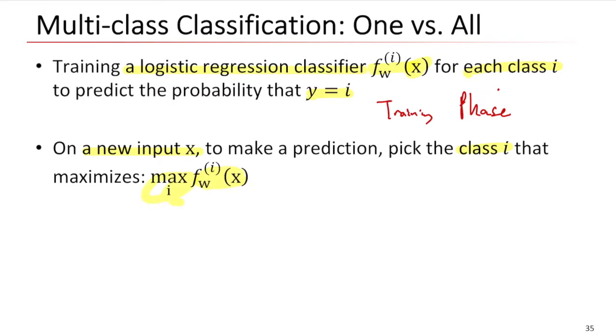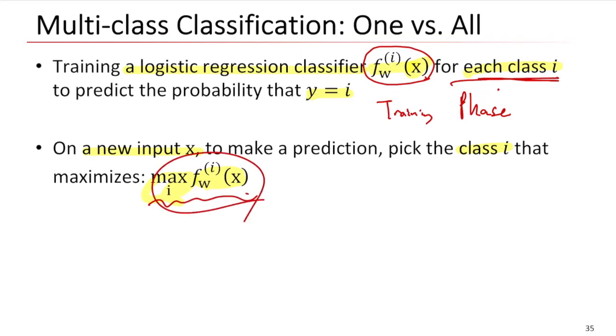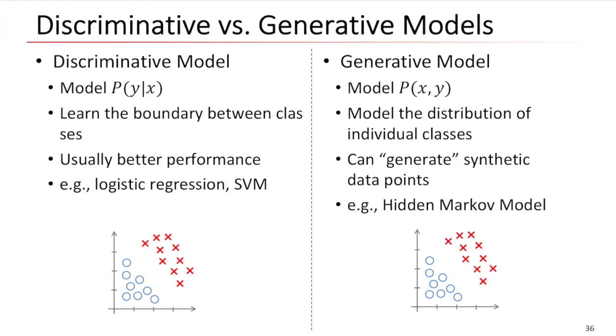So if we found this logistic regression classifier for each class, then we can just pick the class label i with the highest probability. Okay, that's the multi-class classification problem.